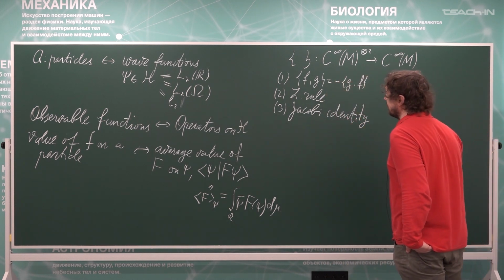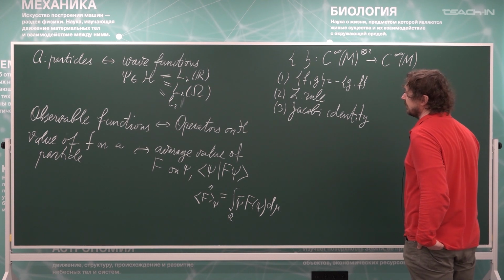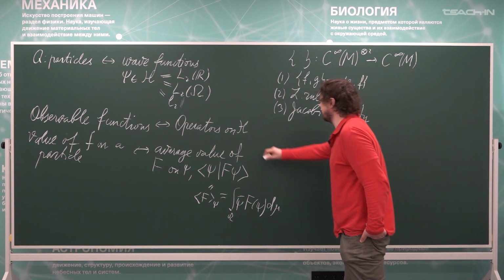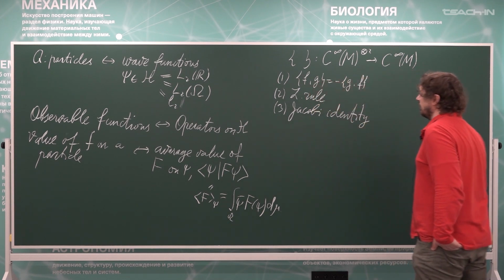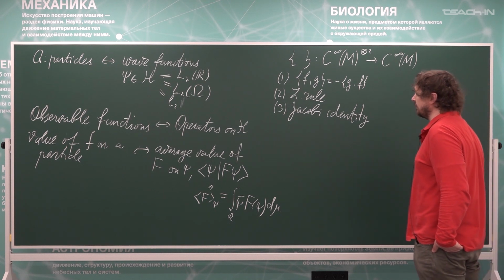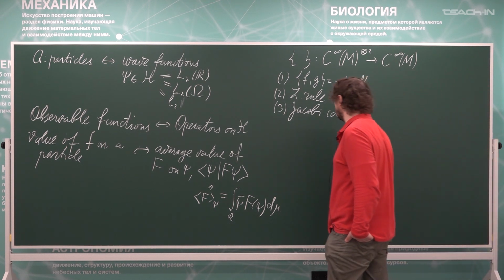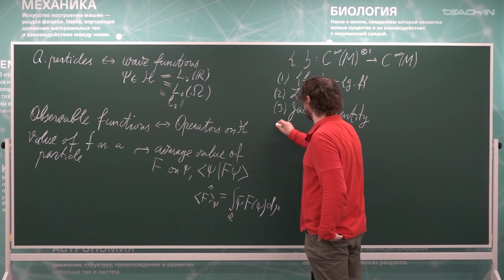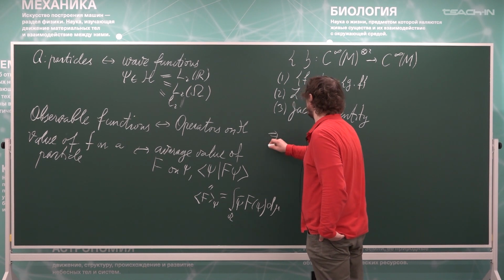So one can ask whether such operations exist in case of operators in a Hilbert space. It turns out that there exists only one operation which verifies all three properties like this. That is the commutator of two operators.